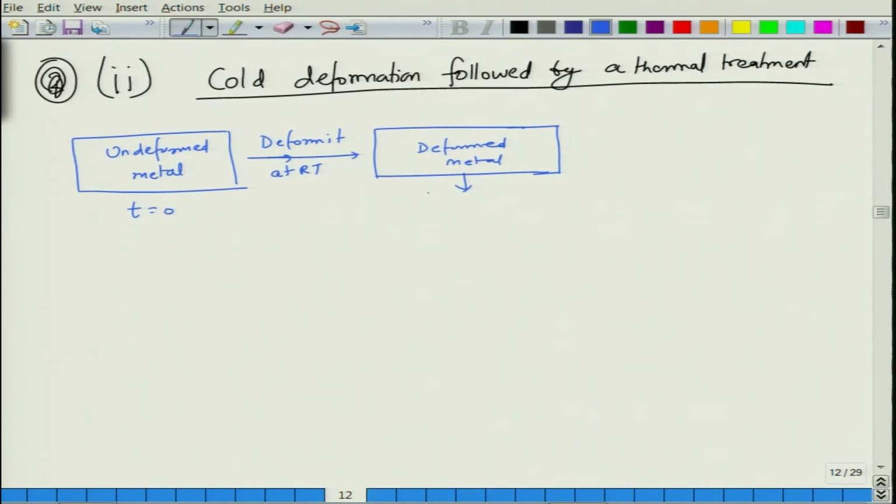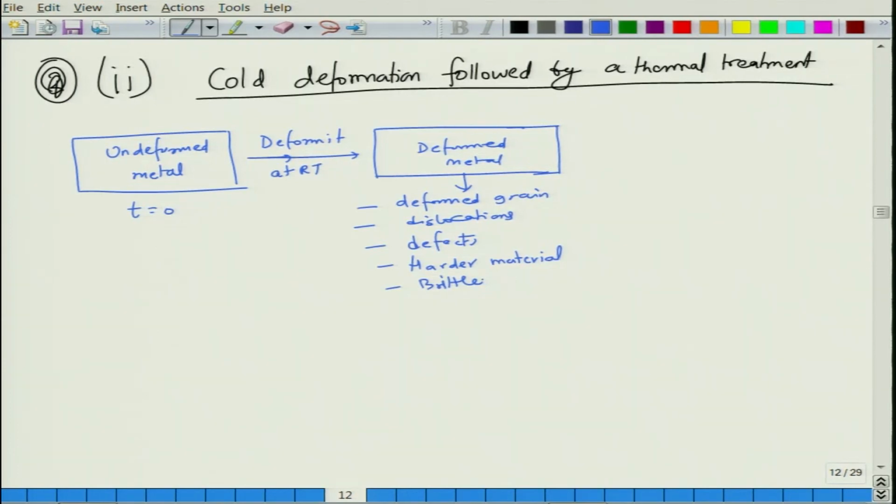Deformed metal will have deformed grains, dislocations and defects. So this will be a harder material, but it also becomes brittle. So you can't keep working around it anymore, because when it becomes very brittle you can't keep deforming it.